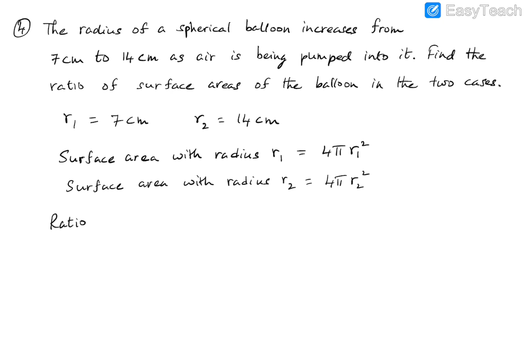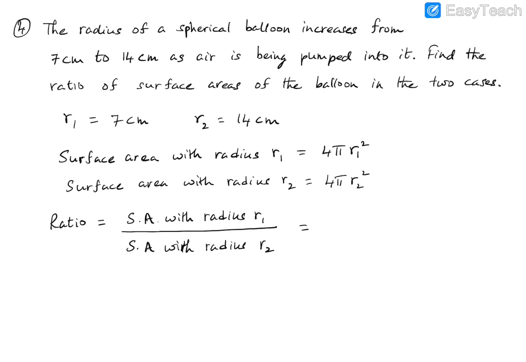So let me write ratio equals. So I'm going to write surface area in short form as SA. So we want to find the ratio. So we have to write it as SA with radius R1. Because you want the ratio, we say divided by SA with radius R2.